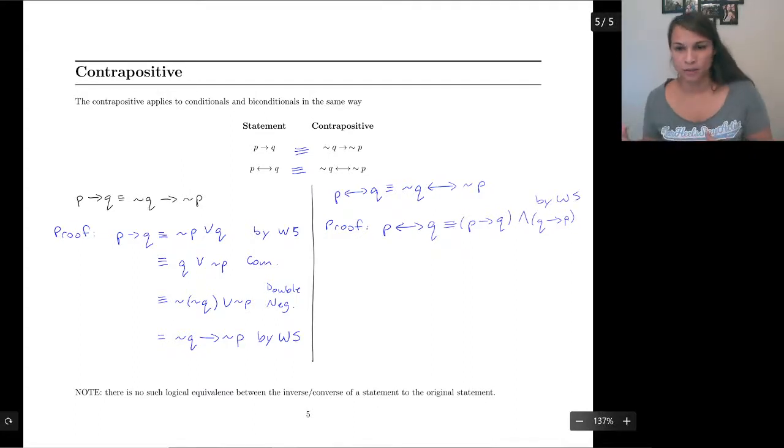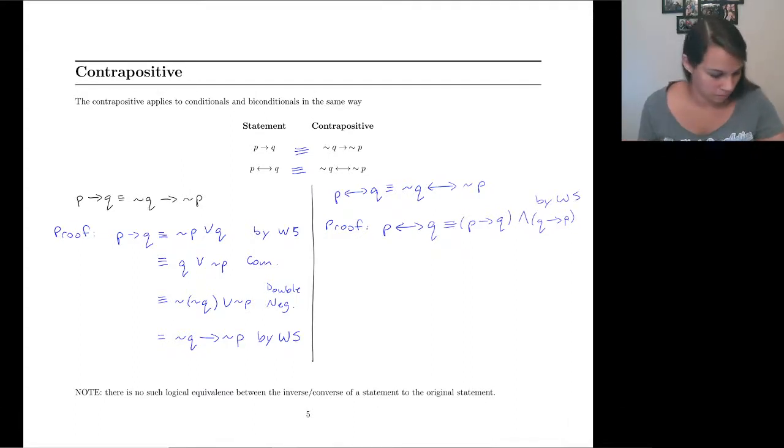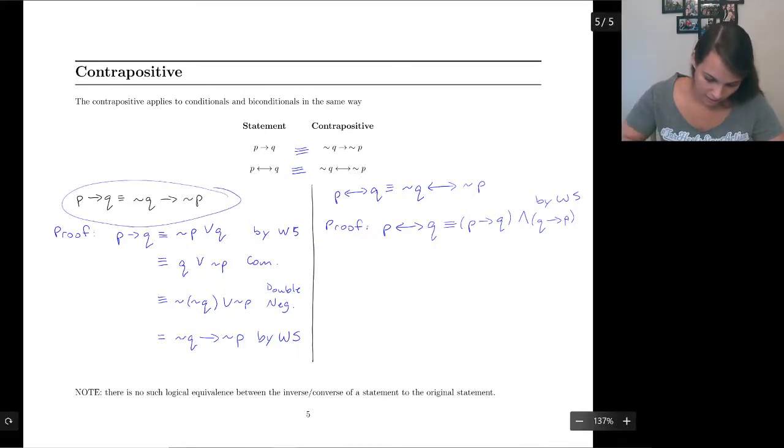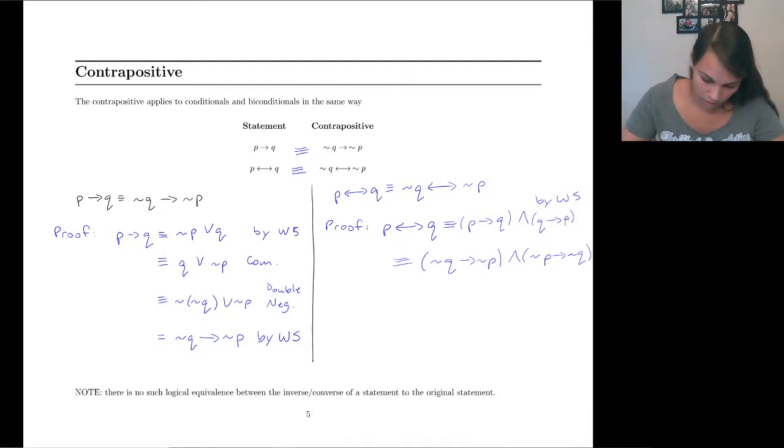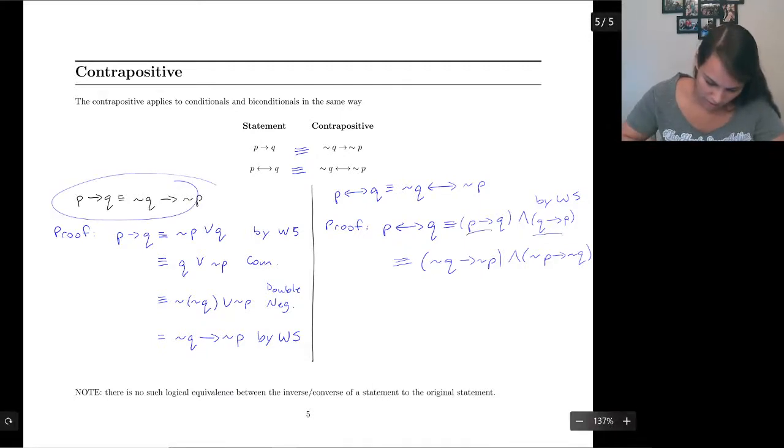We already talked about that a little bit. And then the next equivalence we're going to do is we're actually going to use this guy right here. So we're going to do not Q then not P, and not P then not Q. So we used this guy over here for both of these.